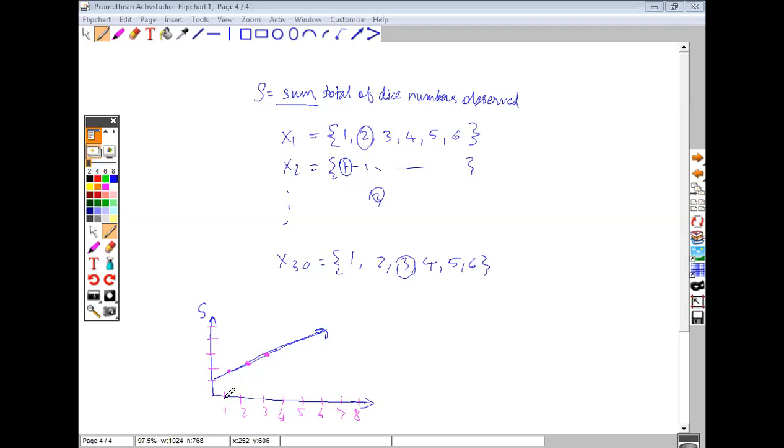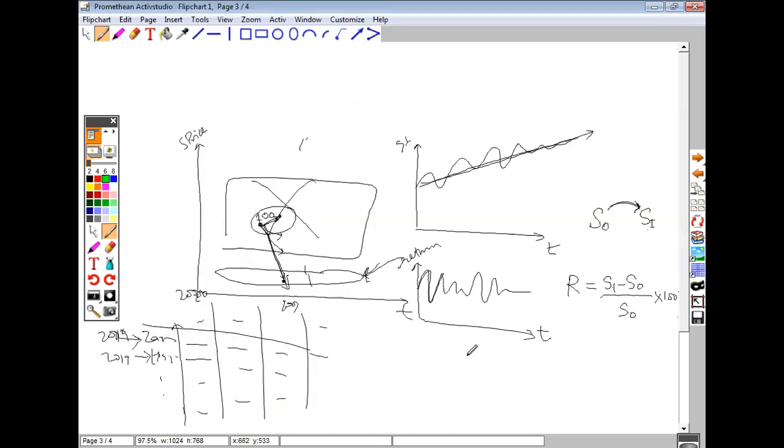Or let us say I look at 1 to 3, then my mean would be somewhere here. 2 to 4, then my mean would be somewhere here, right? So I know that my mean is increasing in nature. Similarly, if you look at this process here, which is stock return, the mean would be somewhere here for every time.